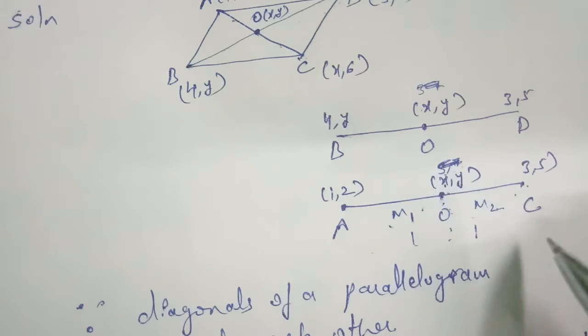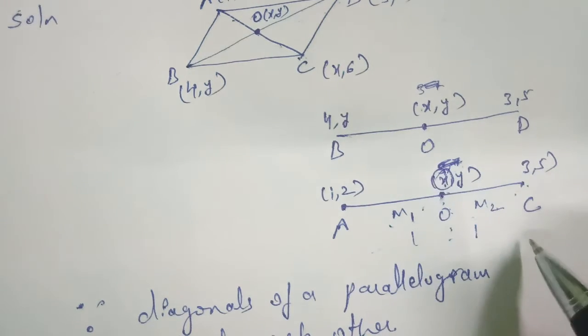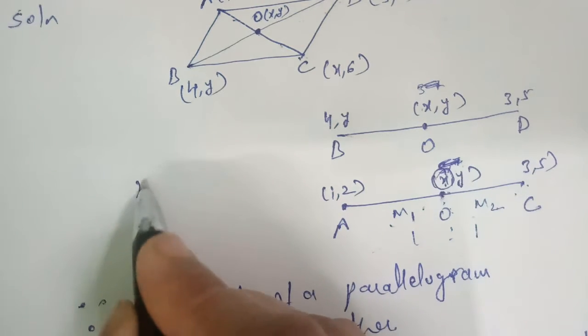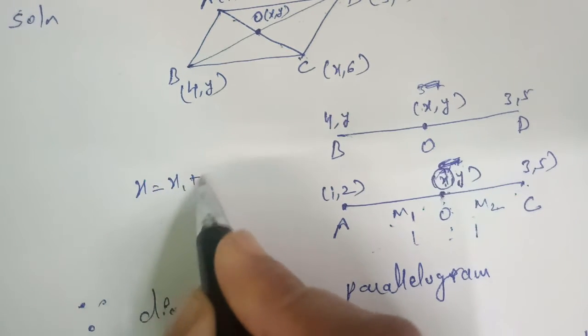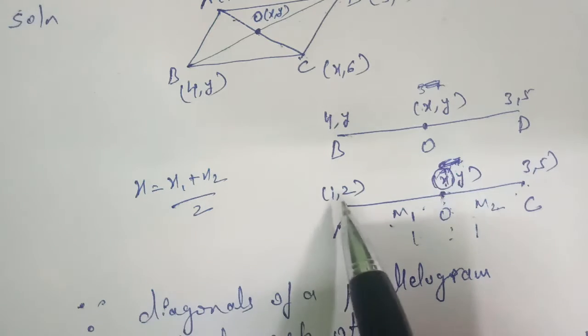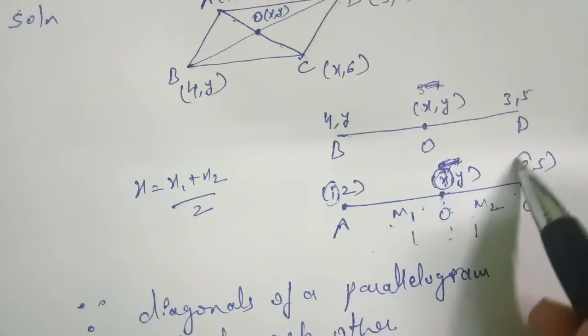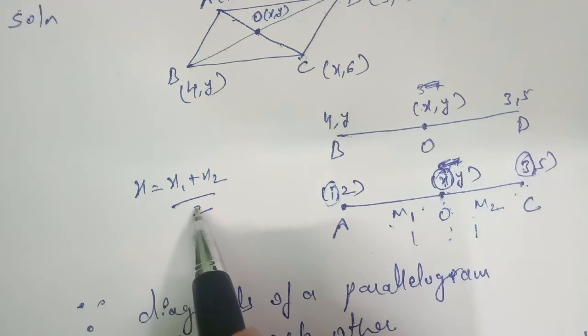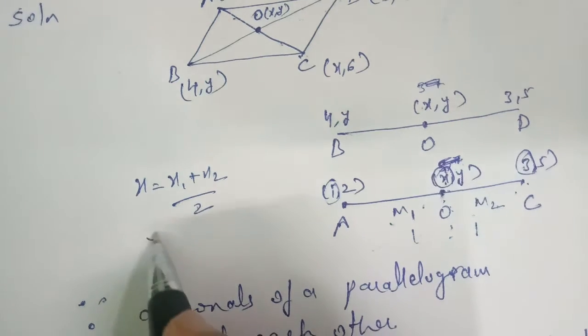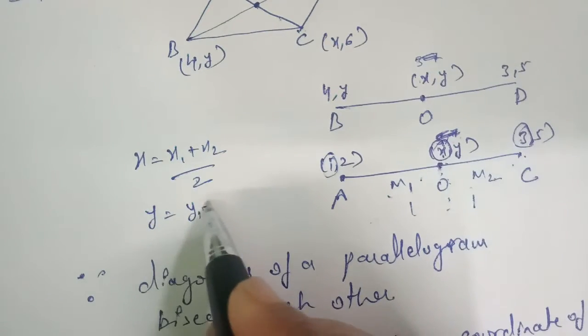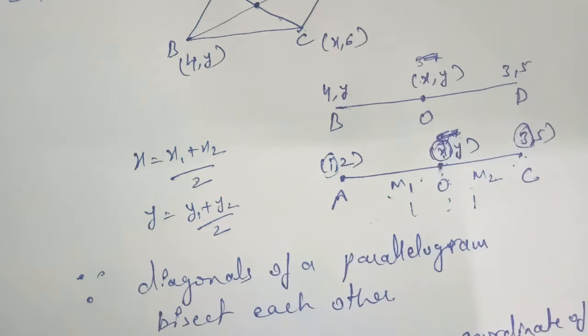Then the value of x will be equal to (x1 plus x2) upon 2. It means we add both the x values and divide by 2. And y is equal to (y1 plus y2) upon 2.